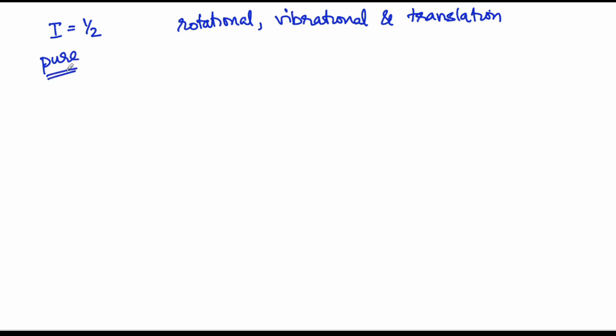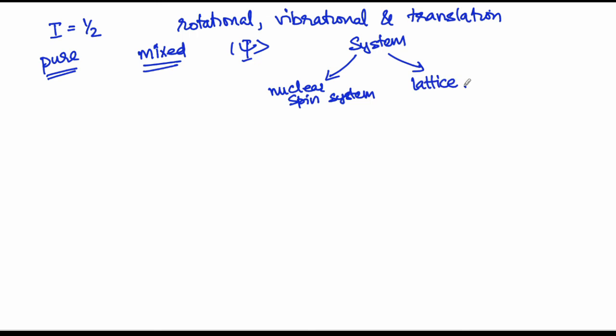But in reality, all the others also contribute towards the wave function, and therefore we end up with something called a mixed state. Now, determining the wave function for this mixed state isn't straightforward or something that we actually need for NMR. So what we end up doing is to divide the system that we are talking about into nuclear spin system and the lattice. For historical reasons, the surroundings is what we call as lattice.